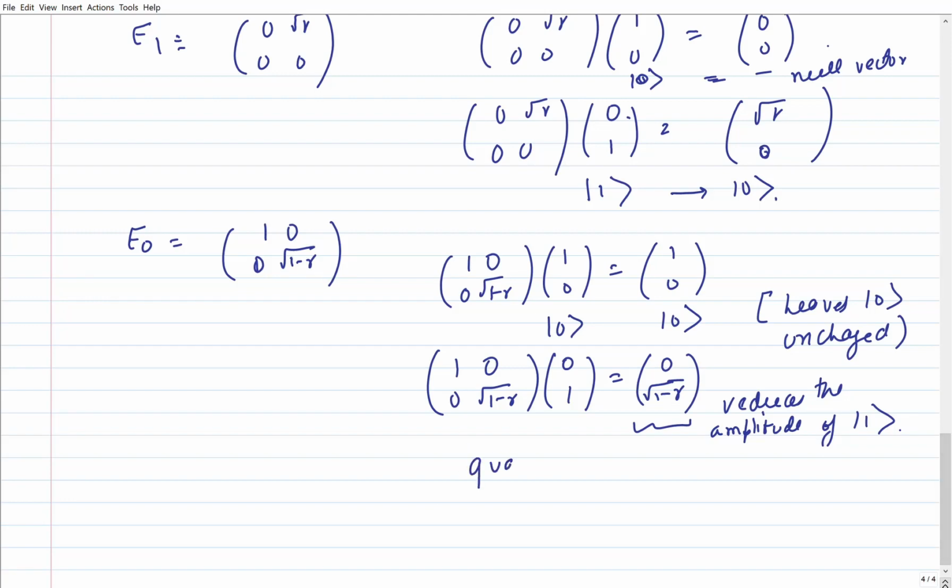So this is what happens. And in general, this is an example of the amplitude damping process.